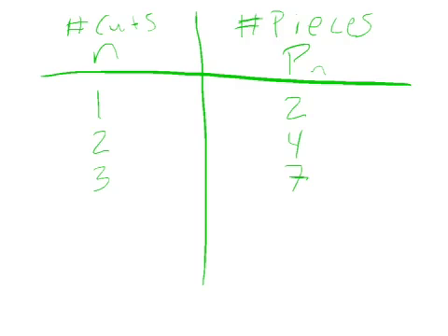Now if you tried this on your own, hopefully you came up with 4 cuts, 11 pieces, 5 cuts, 16 pieces, and if you were patient and you drew a really big piece of cake, which is important, the more cuts you have to make, you would get 6 cuts, 22 pieces of cake.